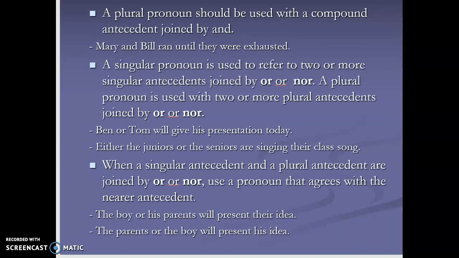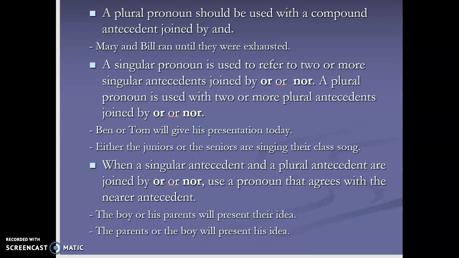Okay? So when you have a plural pronoun, you should use a plural pronoun with a compound antecedent joined by and. Mary and Bill, plural, so we pick they.